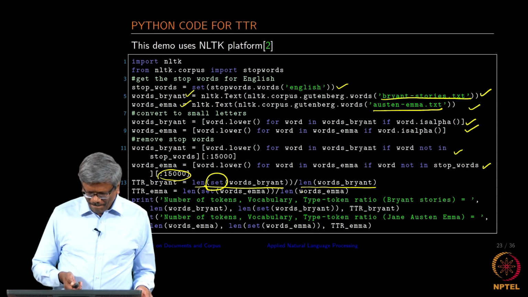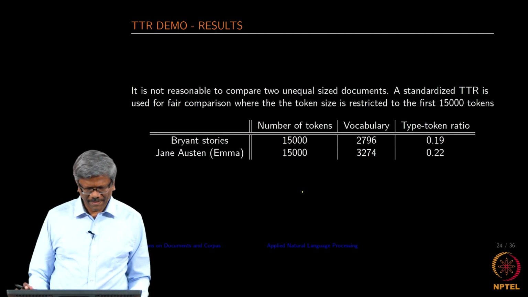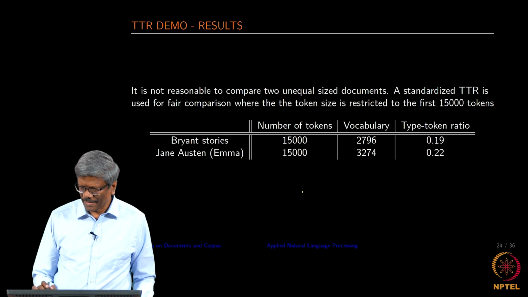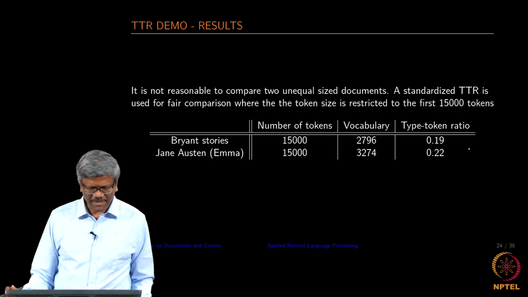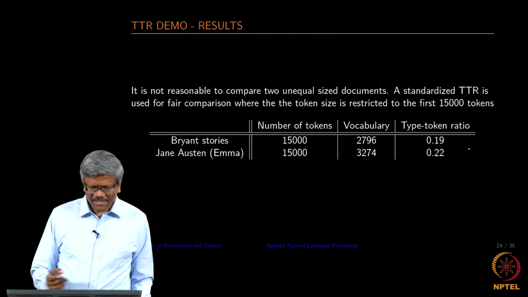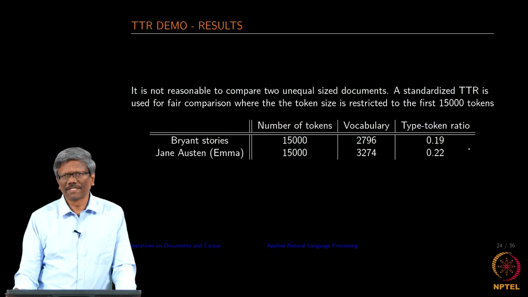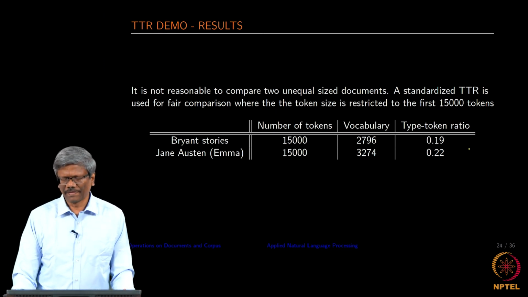What you have in the next slide is a table that represents the vocabulary and the type token ratio for each of the corpora. As I mentioned earlier, it is not reasonable to compare two unequal sized documents. That is why I have restricted the token count to 15,000 in these cases.